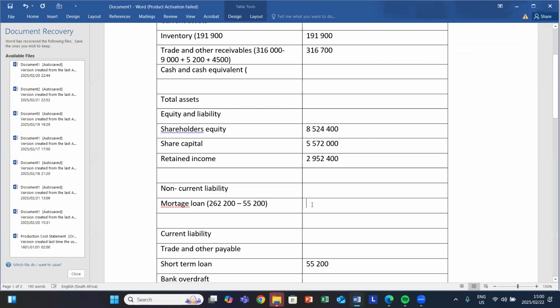So say 262,200 minus your short-term, which is 55,200, and then we'll get 207,000.